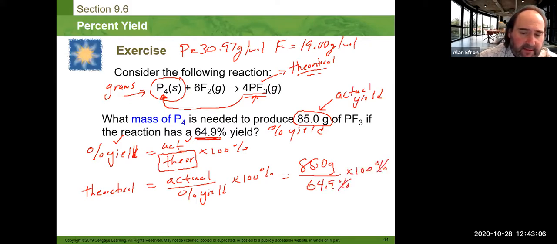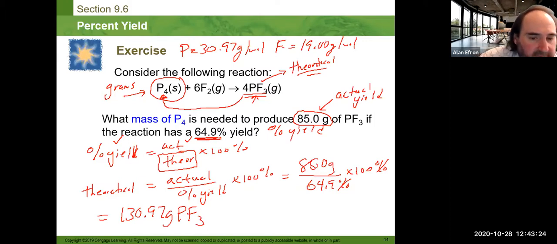The percentages cancel out and leave us with grams, and we end up with 130.97 grams of PF3. Any questions on that so far?